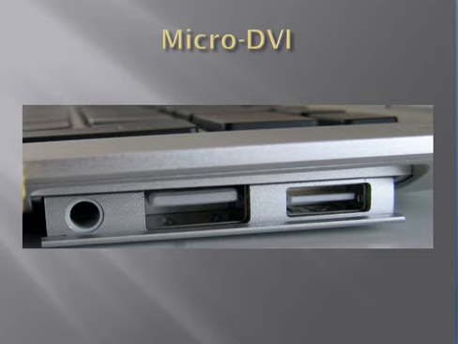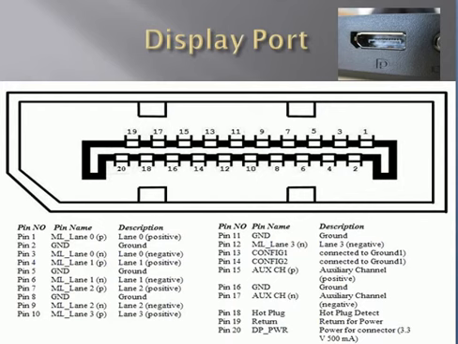The latest version, DisplayPort 1.3, can handle a resolution of 7680 x 4320. The DisplayPort has a 20-pin connector, which is a very small number compared to the DVI port, and it offers better resolution.